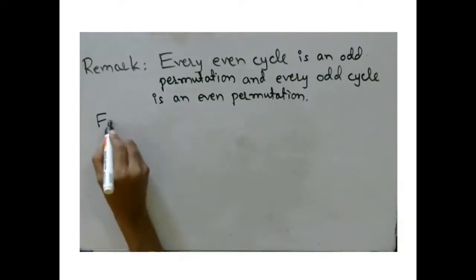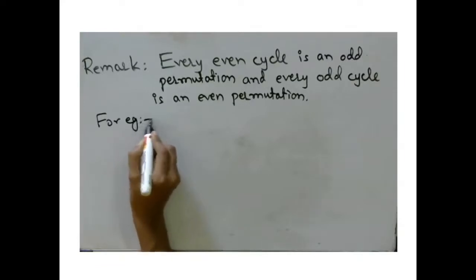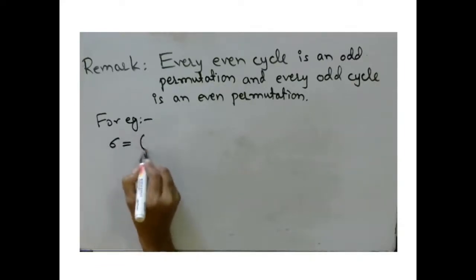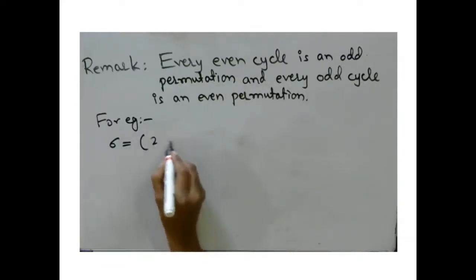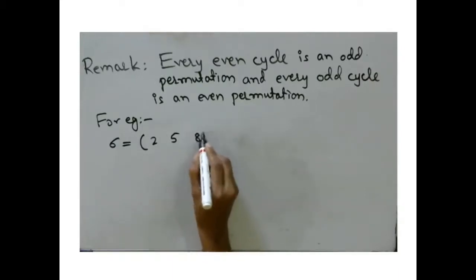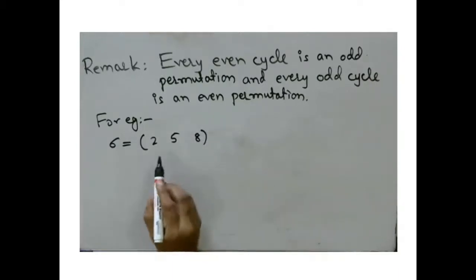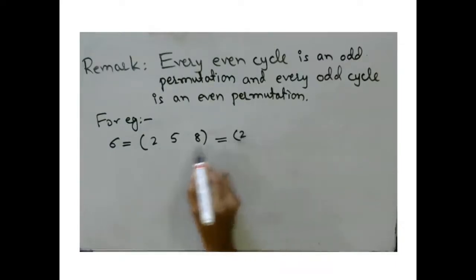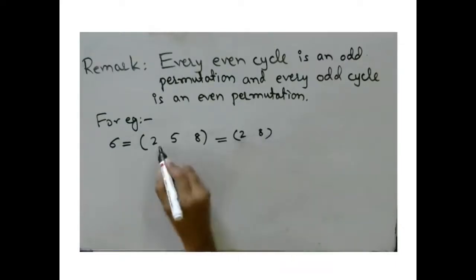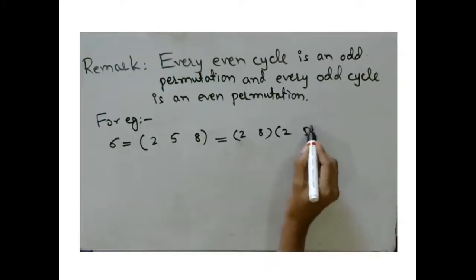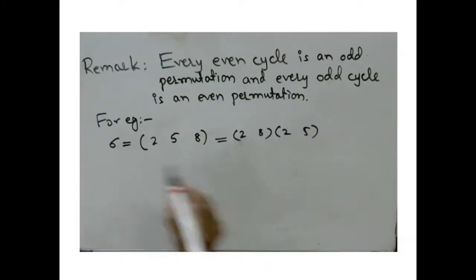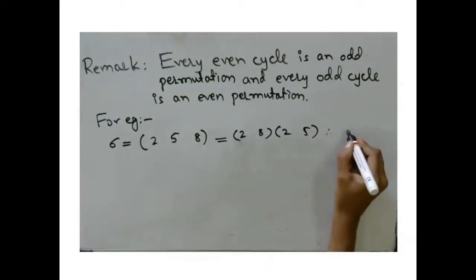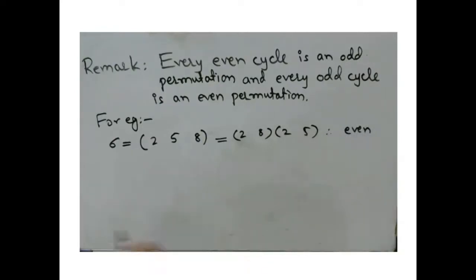For example, the cycle sigma, say (2 5 8) in S8. It is a 3-cycle, but you can write sigma as a product of 2 transpositions, (2 8), (2 5). So there are 2 transpositions in sigma, therefore it is an even permutation.